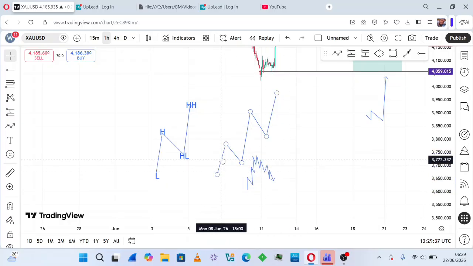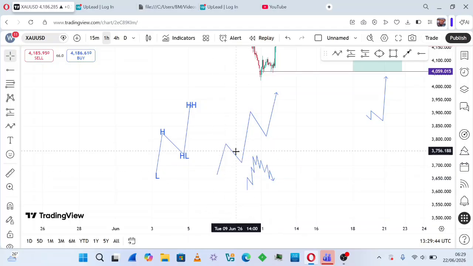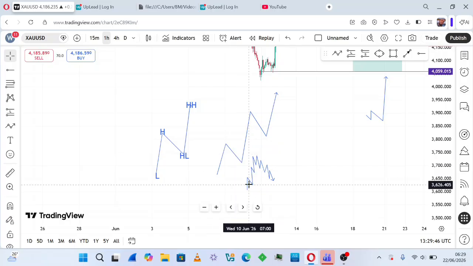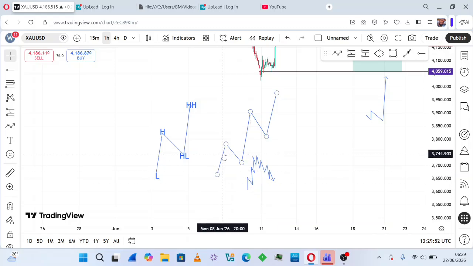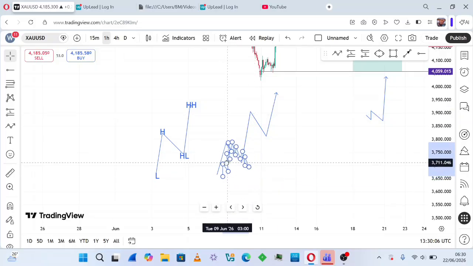Inside this wave here, from here to here, this is the smaller structure. This one is 4 hours, and let's call this one 1 hour time frame. And inside this bigger one candle structure, there is a smaller move which leads to this bullish move. Let's fit it in again.